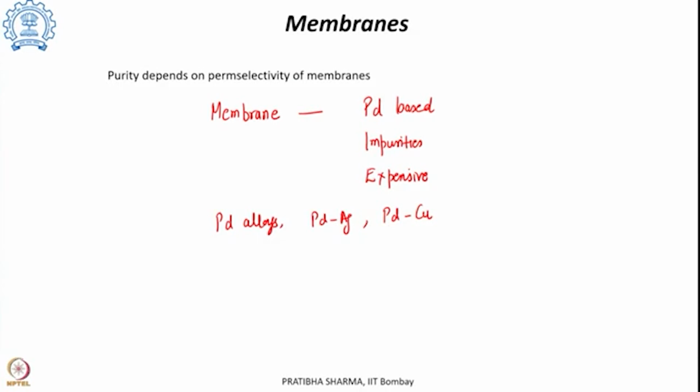There are several other membranes which are also being looked at, and these can be used for the hydrogen membrane reactor. Since these membranes can operate at lower temperature, the temperature condition for the hydrogen membrane reactor is 500 to 550 degree centigrade.